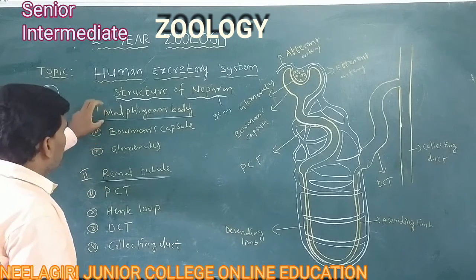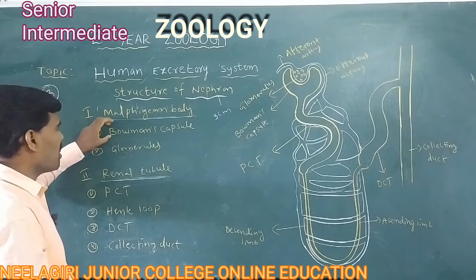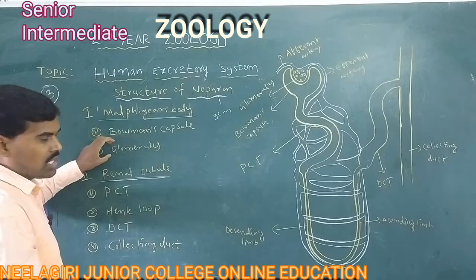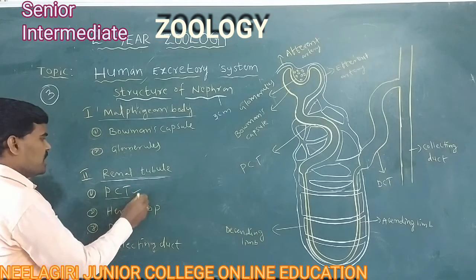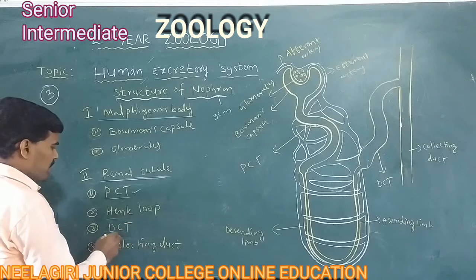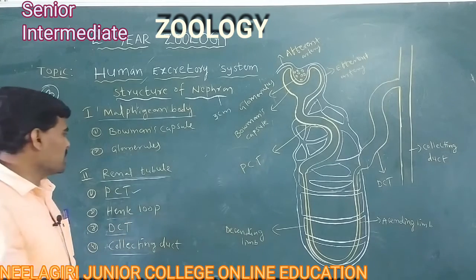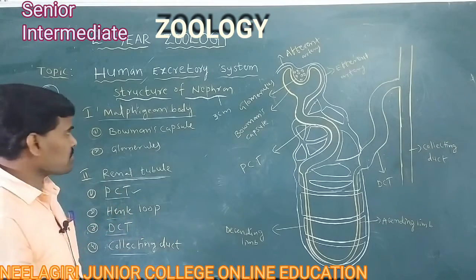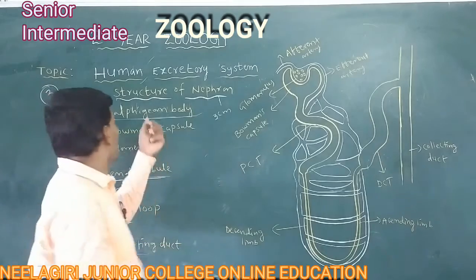The Malpighian body consists of two parts, Bowman's capsule and glomerulus, and the renal tubule consists of three or four parts: the PCT, loop of Henle, DCT, and collecting duct.